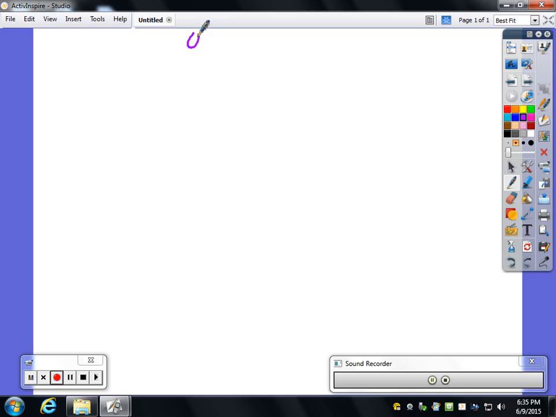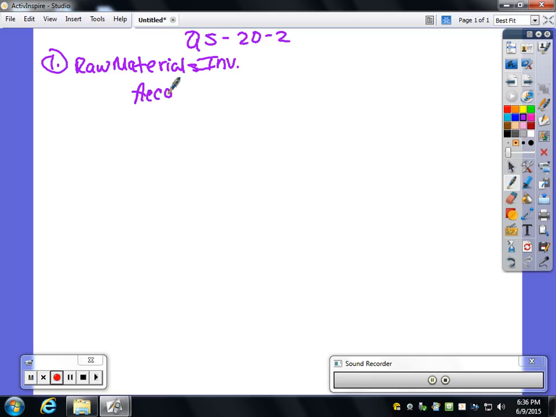Debit goes to raw material inventory, and credit goes to accounts payable. For how much? 62,000. Now wait a minute.